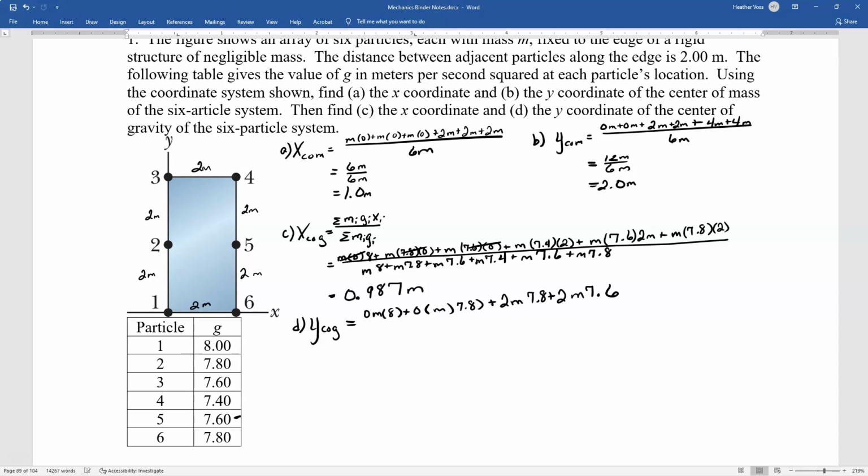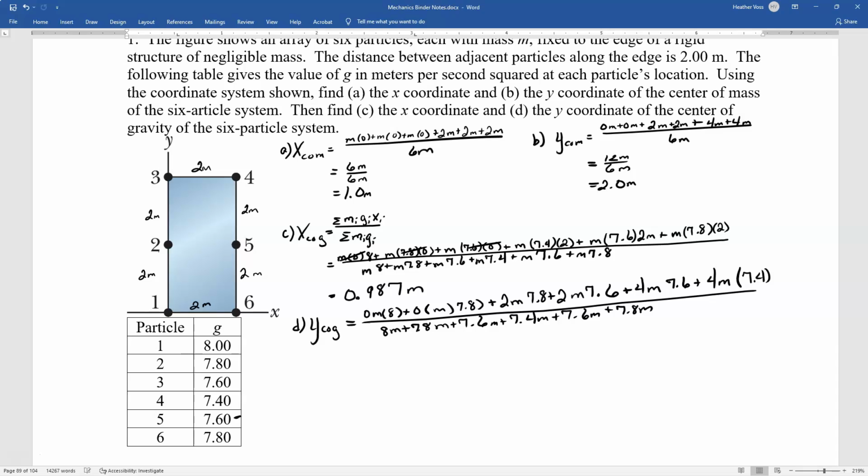Then 3 is 4 times mass times g, which is 7.6. And 4 is 4 times mass times g at 7.4. And I'm going to have it over the entire total again. So we're going to have 8m plus 7.8m plus 7.6m plus 7.4m plus 7.6m plus 7.8m.